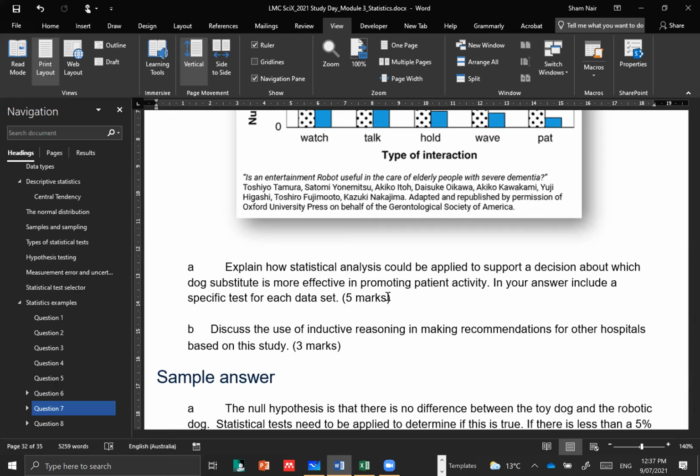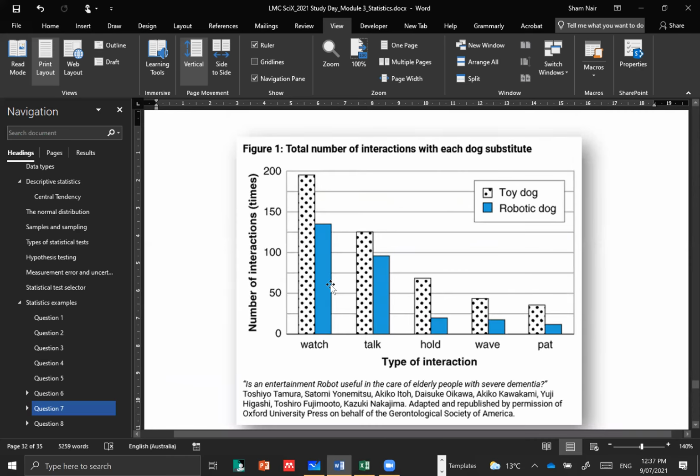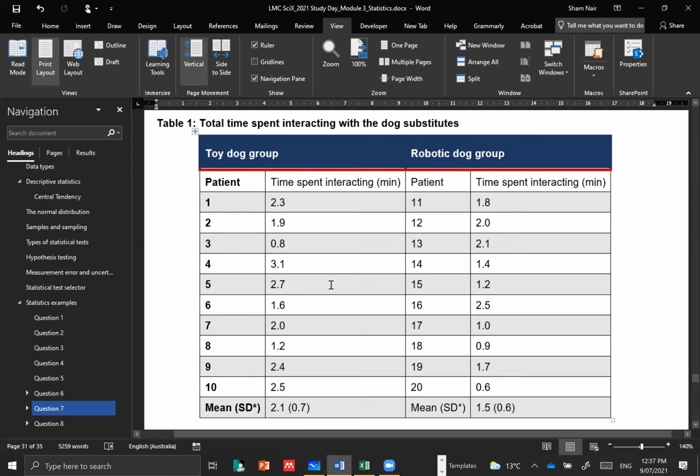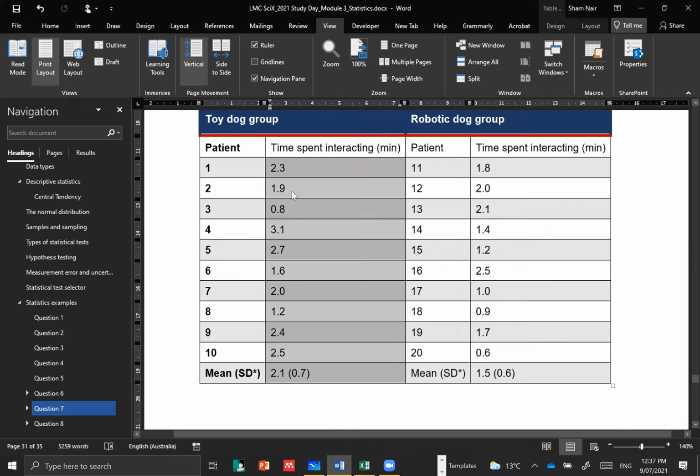Okay, and so you can then use that flowchart, which I showed you in the previous screen, to look at this data. If you look at this data here, okay, that's quantitative data, because time can be subdivided, it can be fractionated, it's a continuous data set. Again, here, time. What are we doing?